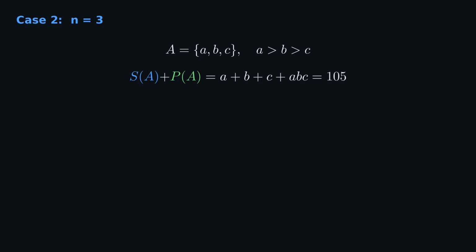So we'll look at case 2 when n equals 3. Now our set has 3 elements, a, b, and c. We can say that a is strictly greater than b, which is strictly greater than c. So now we have S of A plus P of A equals a plus b plus c plus abc equals 105.